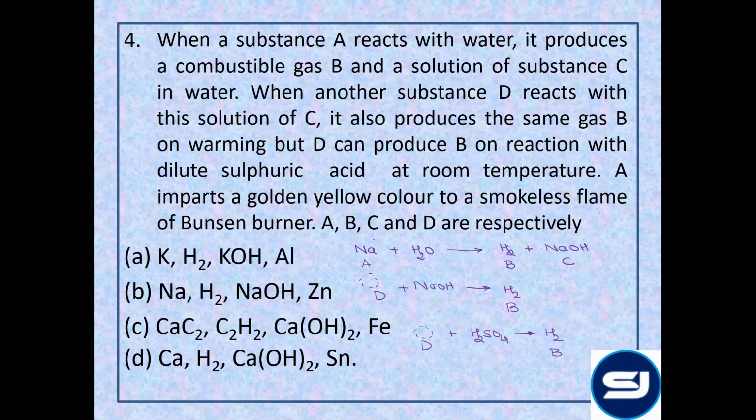So what does this confirm? This element is reacting with base as well as acid. मतलब ये एक एम्फोटेरिक सब्सटेंस है. सो एम्फोटेरिक में ये अल्यूमिनियम हो सकता था, जिंक हो सकता था, बेरिलियम हो सकता था, ये कोई भी एम्फोटेरिक मेटल हो सकता है. सो कॉन्सेप्ट क्या है? लुकिंग एट द स्टेटमेंट, ये कंफर्म होना चाहिए कि बेस और एसिड के साथ H2 रिलीज करने वाला जो सब्सटेंस है, इट हैज टू बी एम्फोटेरिक.